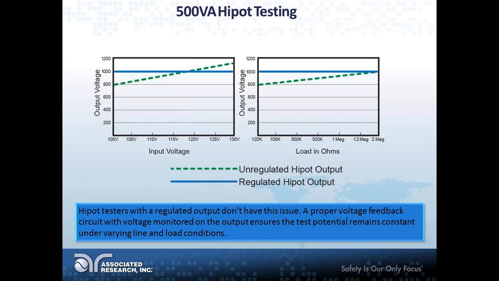Now, all Associated Research Hipot testers have a regulated output and a feedback circuit that monitors the output and regulates it if there are variations on the input side. So again, something very important to consider when using a 500 VA Hipot tester.